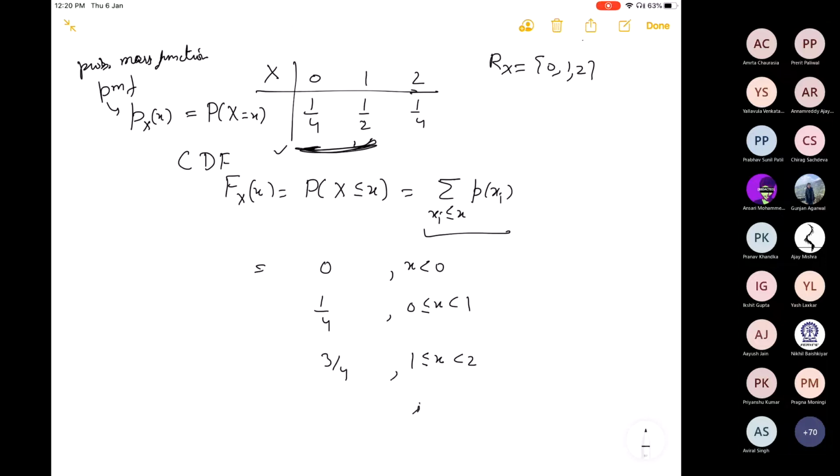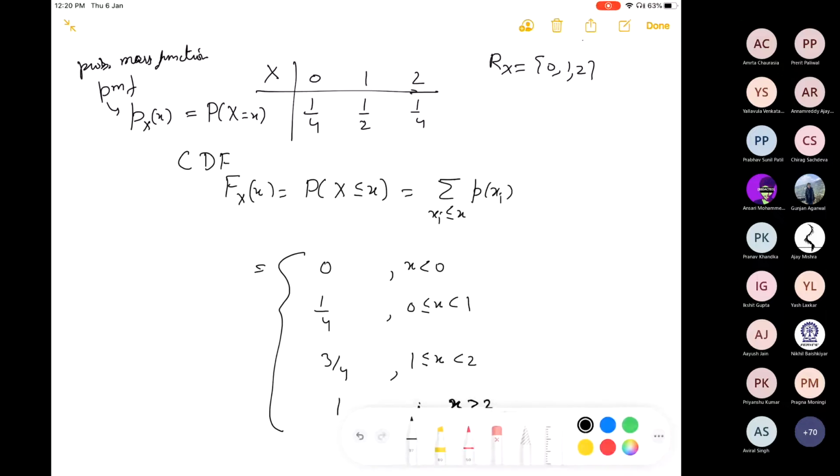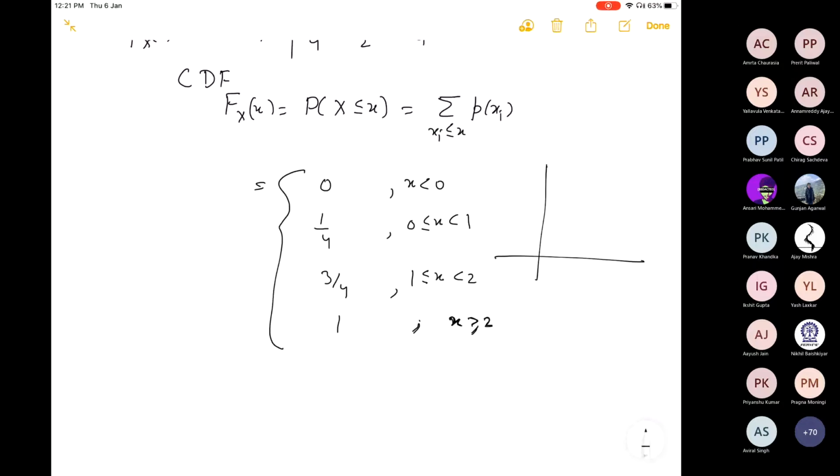And when x is greater than or equal to 2, this will be the sum of all the probabilities, because the maximum point is 2 in this discrete case. So this is 1 by 4 plus 1 by 2 plus 1 by 4, that is 1. So this is the CDF here. In this fashion we can plot X and F_X, with 0, 1, 2.